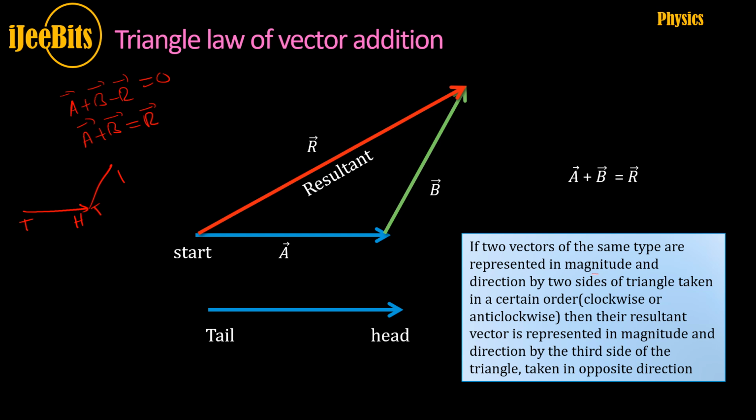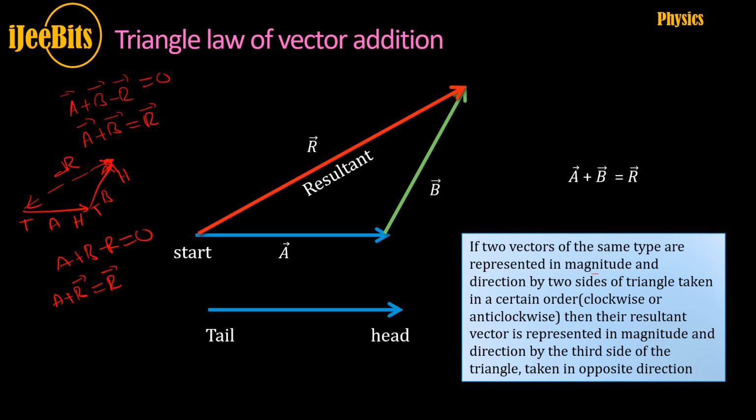That means you are adding. But in this one, you are adding two heads. So if you reverse the direction of R and put it here, then you have A, B, minus R. So A plus B minus R equal to 0, so A plus B equal to R.